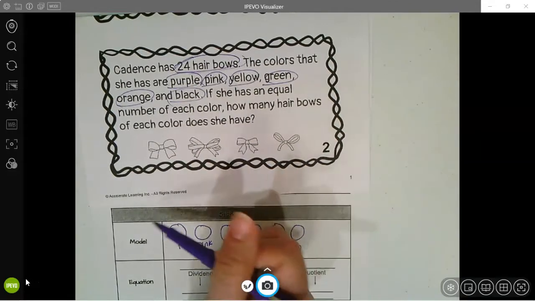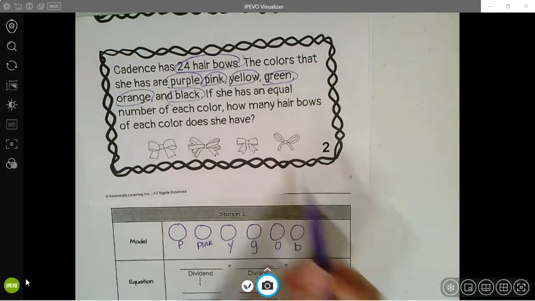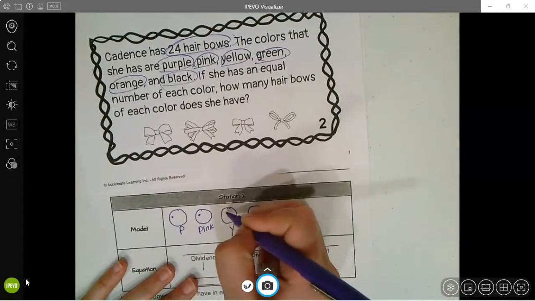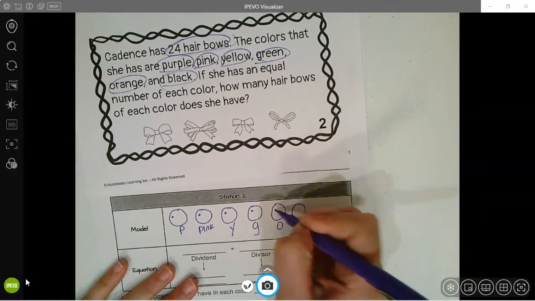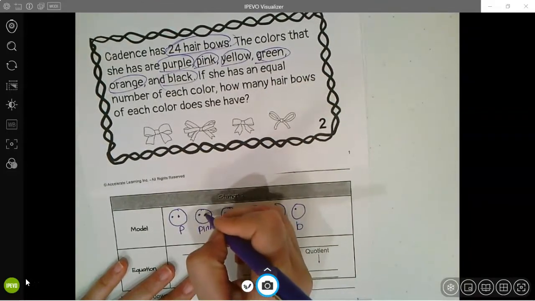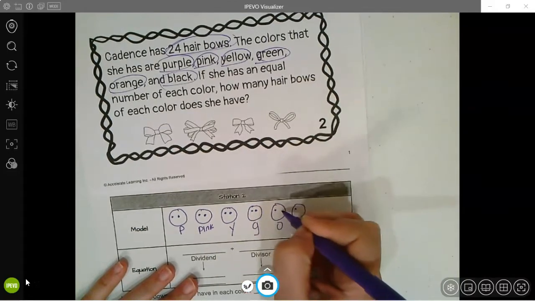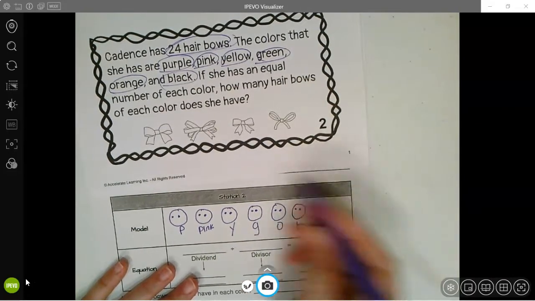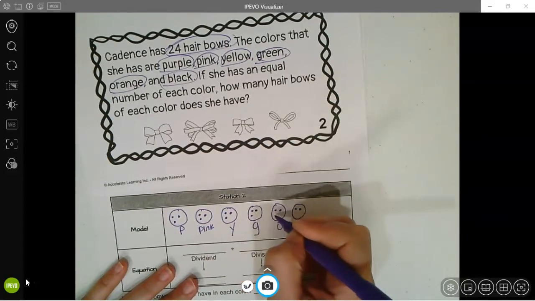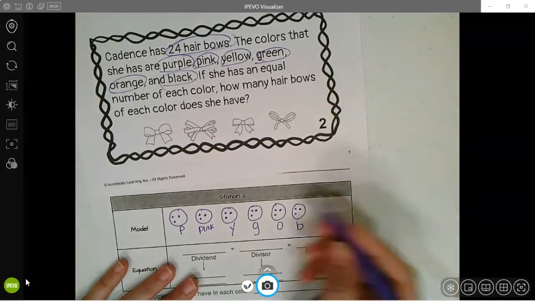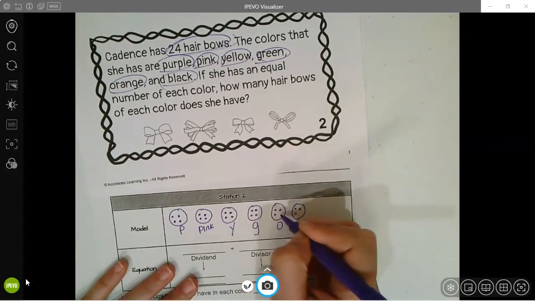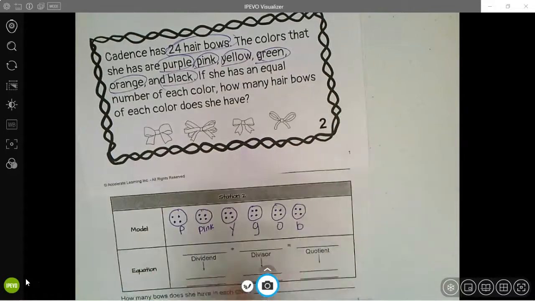So I'm going to put 1 bow in each group until I get to 24. So I have 1, 2, 3, 4, 5, 6, 7, 8, 9, 10, 11, 12, 13, 14, 15, 16, 17, 18, 19, 20, 21, 22, 23, 24.